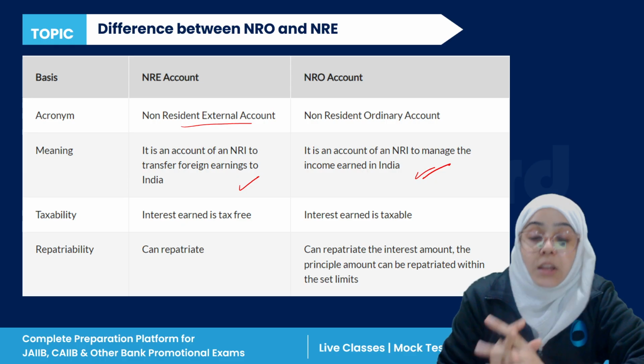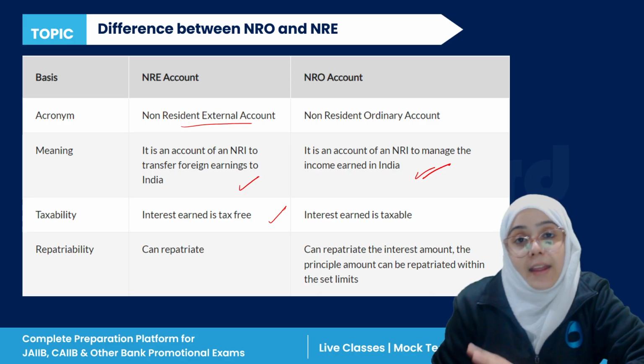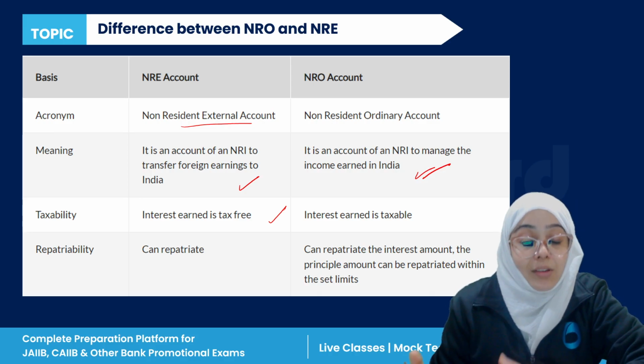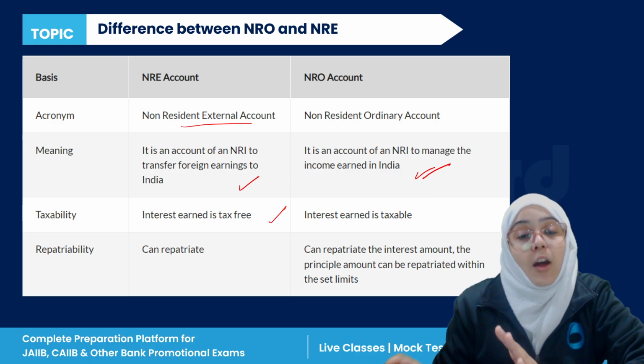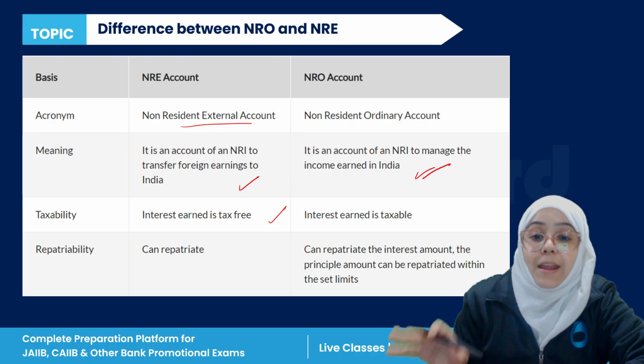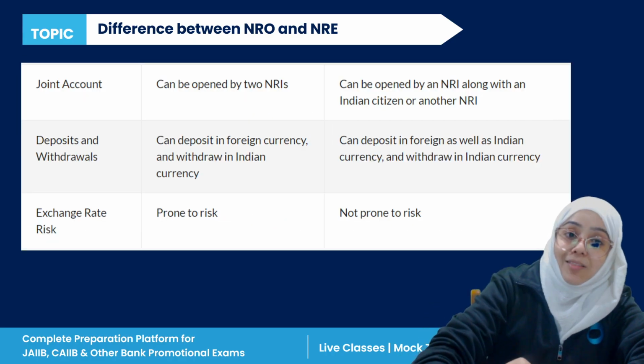Now, if we talk about taxability, NRE interest is tax-free. Whatever interest you earn in NRE is tax-free. NRO interest is taxable. Repatriation in NRE can be done outside India easily. NRO can also be repatriated outside India, but obviously with certain limits, right?